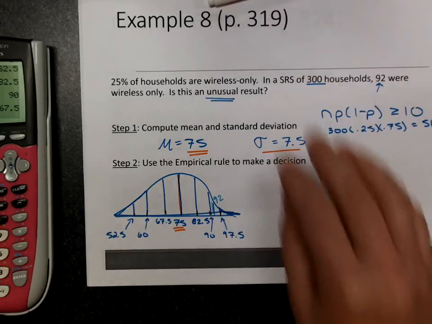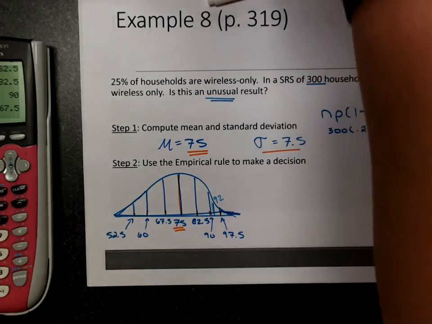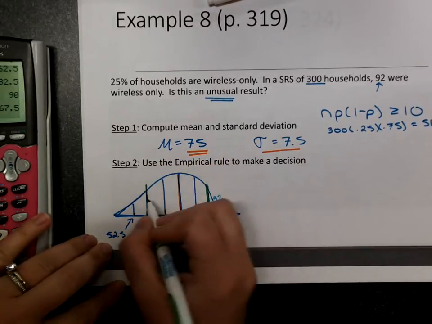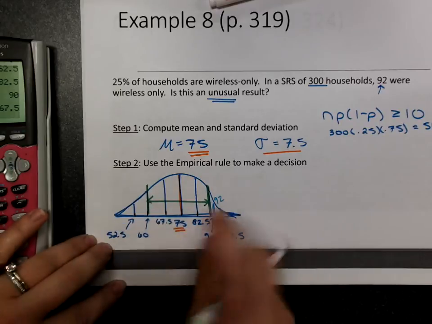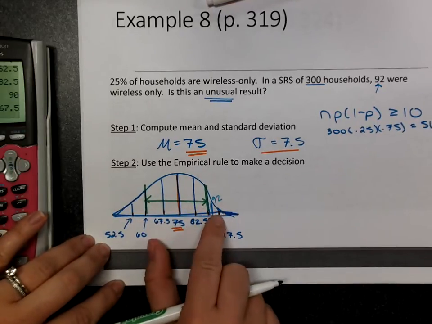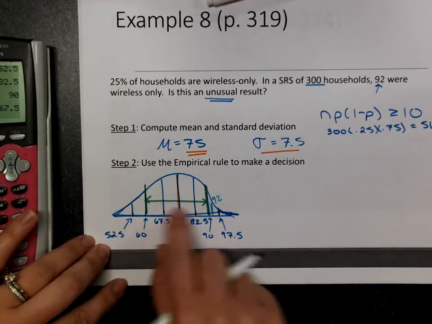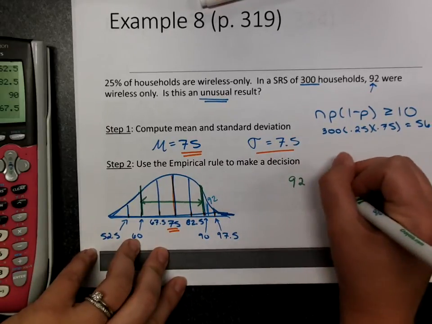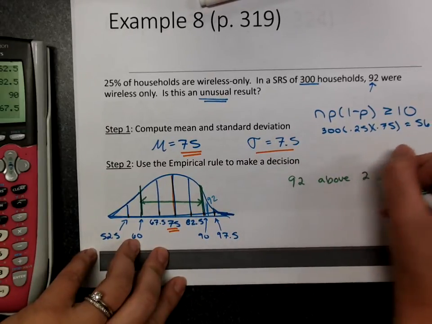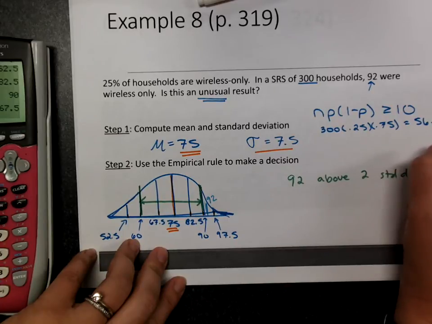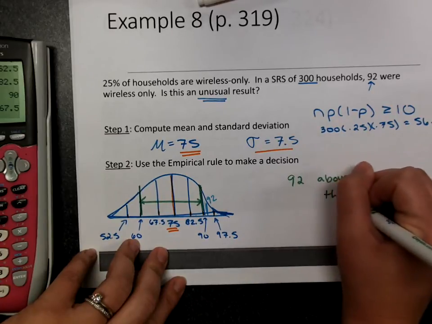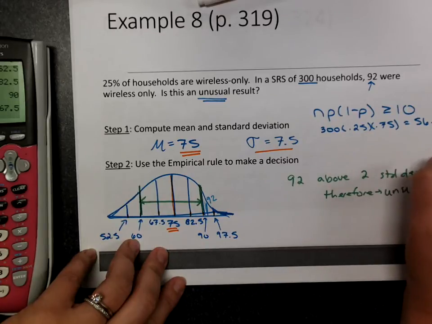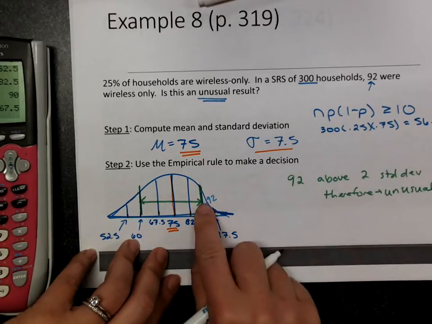The empirical rule says that anything within 2 standard deviations is normal. Anything in there is considered normal. 92 is just above that range. So 92 is above 2 standard deviations and therefore is considered unusual. Not by much, but just barely unusual.